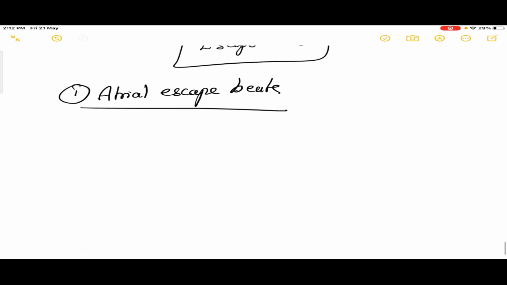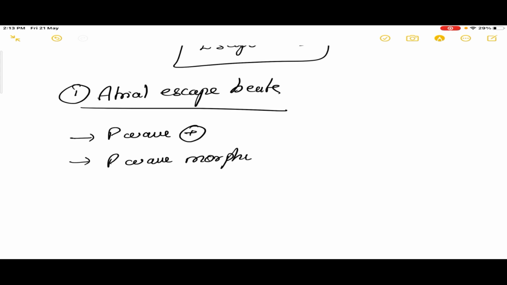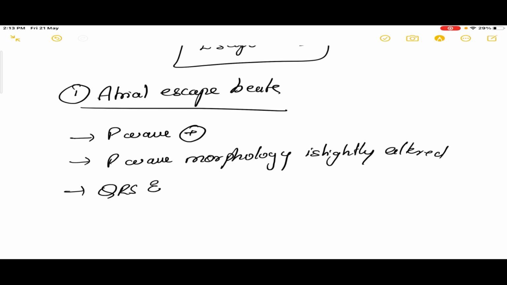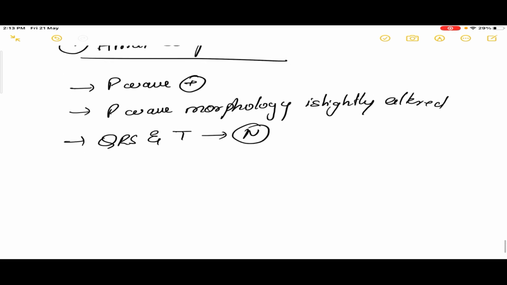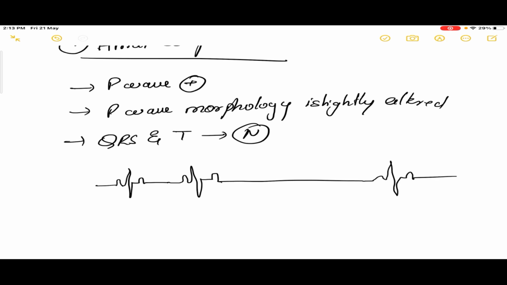In atrial escape beats, P wave is present, but P wave morphology is slightly altered, and QRS complex and T wave are normal. Usually the escape beat looks like a sinus beat, but after a sinus arrest there is an escape beat.